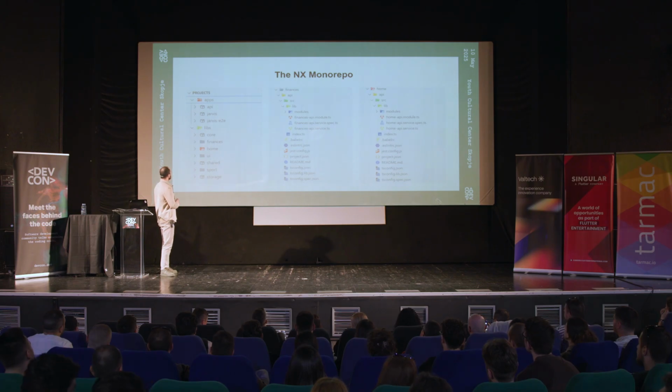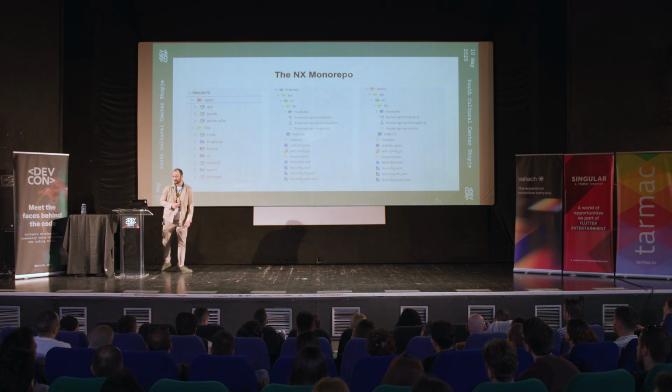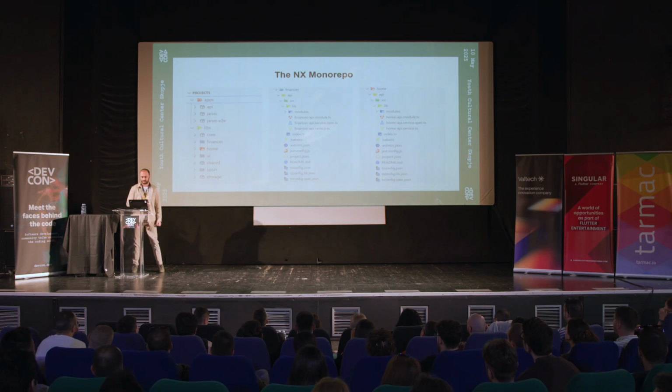So here is the API, which is the Nest application, the Jarvis, which is the front-end application, and all its libraries that we may need in the future. So we can see that this is one repo and one place from where the code can be developed and improved upon.